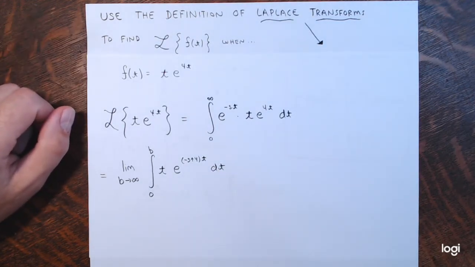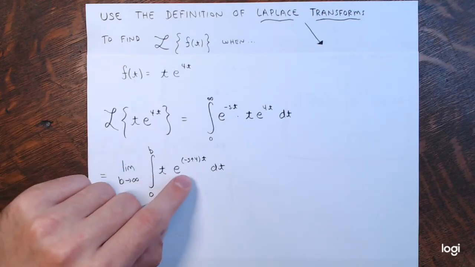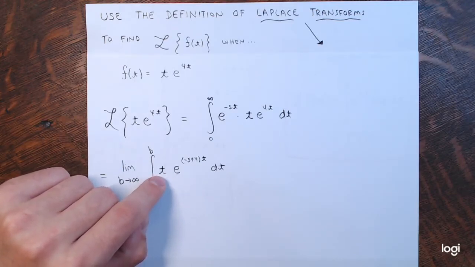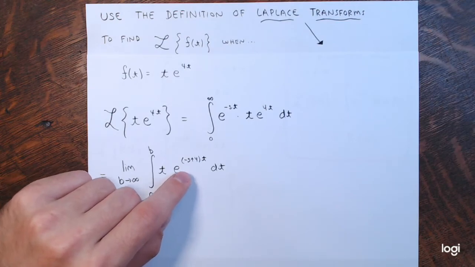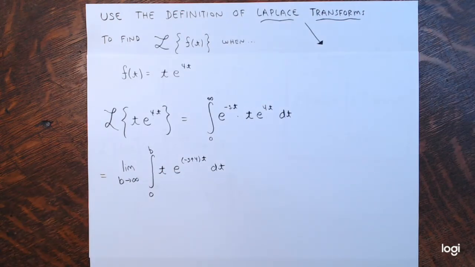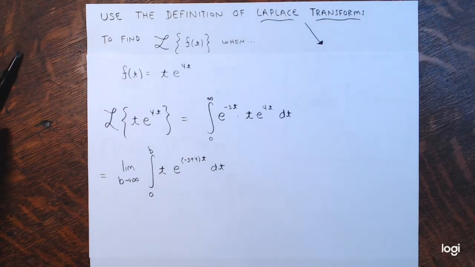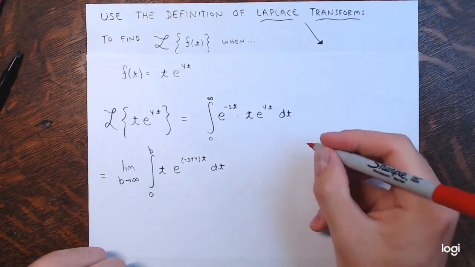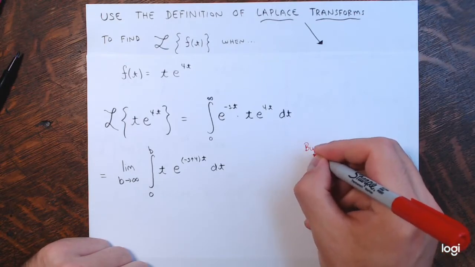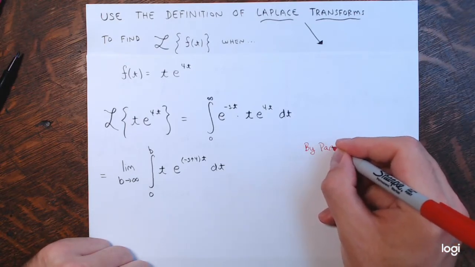All right, so my integrand here is a product of a polynomial and an exponential function. So when you have that kind of stuff going on, when you have a product of two different classes of functions as your integrand, integration by parts, we'll do by parts over here.